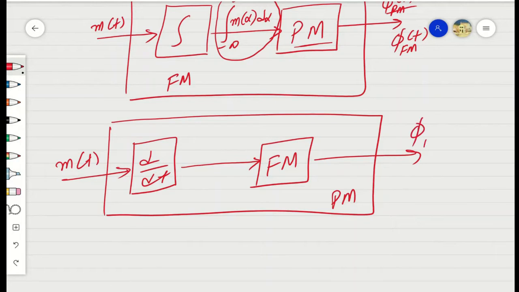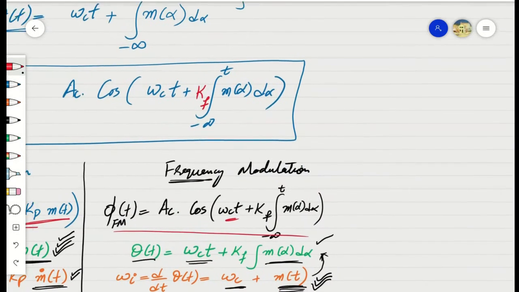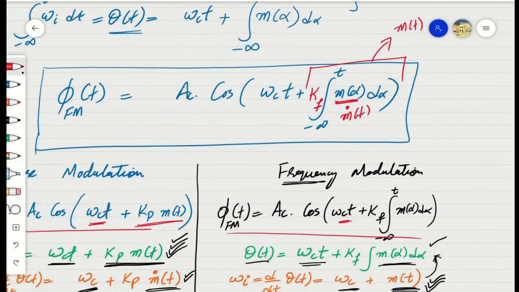So we will obtain a phase modulated signal from a frequency modulator if the derivative of the information signal is provided as input, that is, replacing the input information signal with its derivative, and simplifying this expression we will get m of t here, which is equal to the expression of phase modulation schemes.